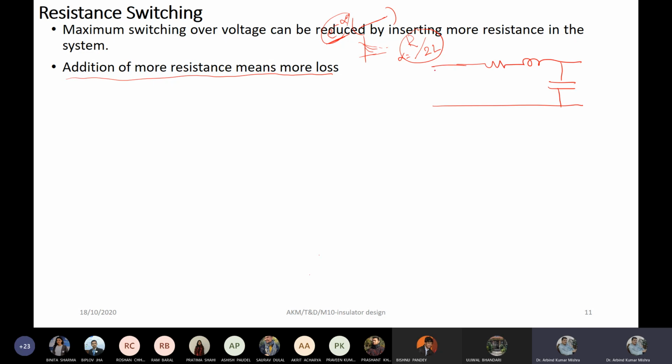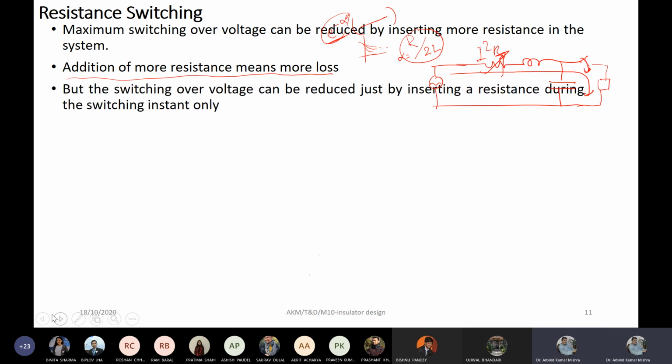This is the source, and we are considering the worst condition of our voltage, that's why we are considering no load. But if this R is increased and kept during the operation, then once this switch closes, the current flowing through this becomes very high, and it will cause the I square R loss to be very, very high. So that's the demerit.